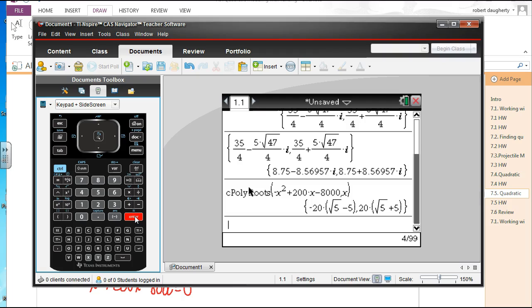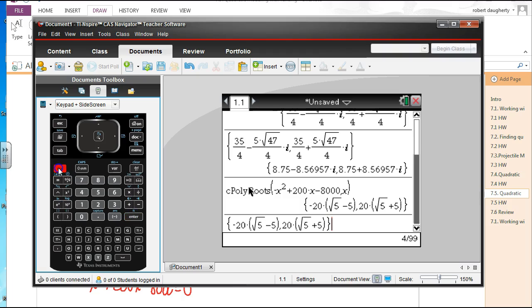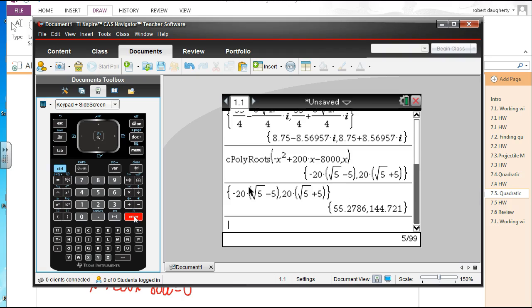What is that? So let's get an approximation here. So I see two different values here. I get roughly what? 55.27, 144.72. So let's write those down.